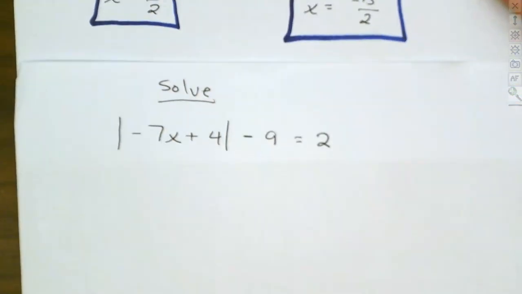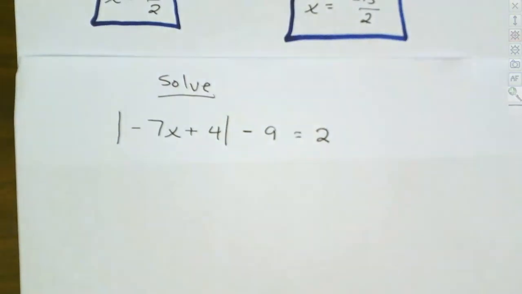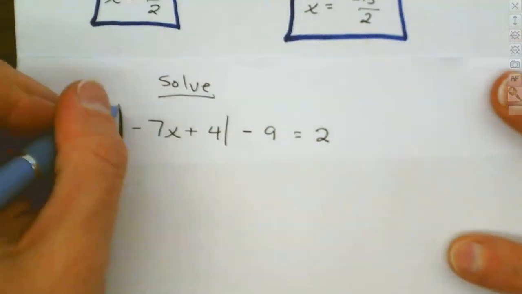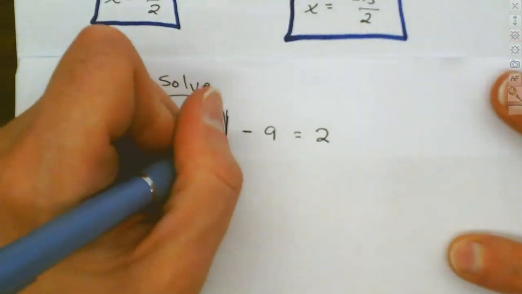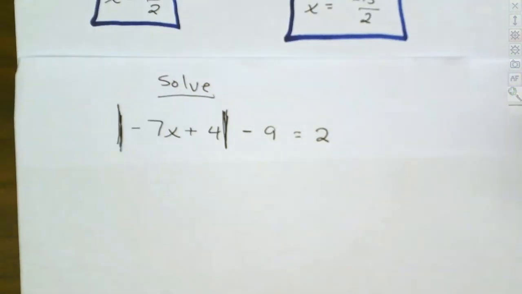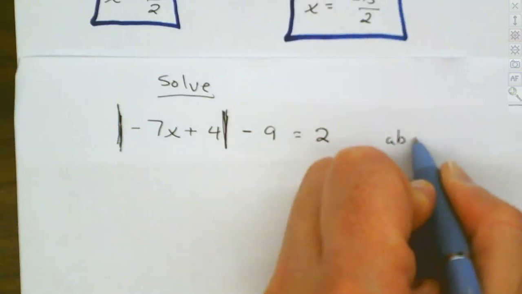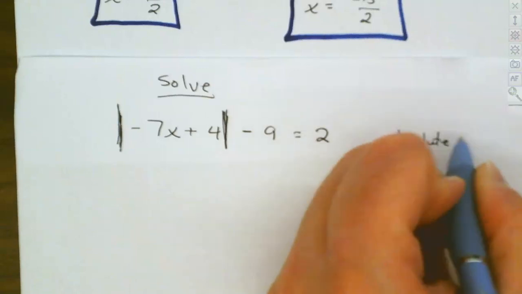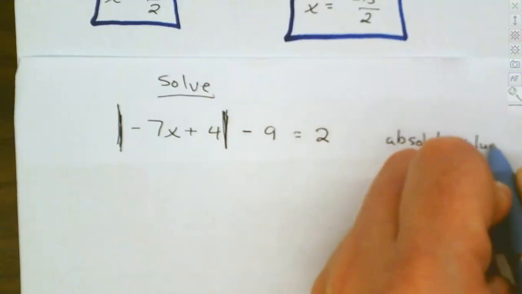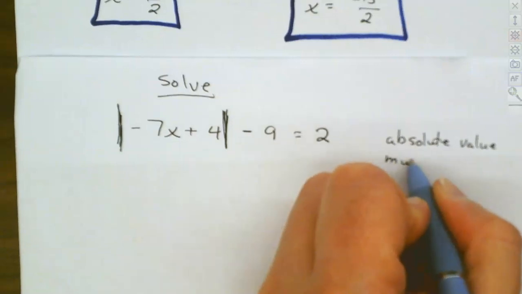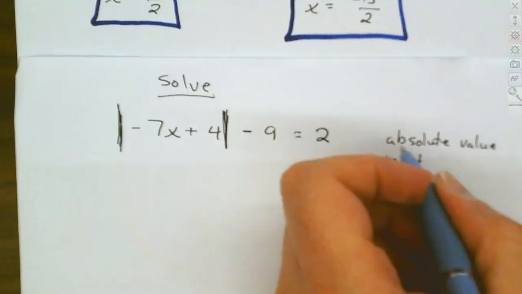So this one's a little bit different here. Now, whenever we solve these absolute values, I always like to make these larger so you see these are absolute values. You have to make sure the absolute value is by itself on the left. So the absolute value must be alone on the left.